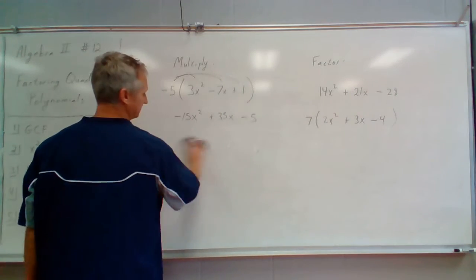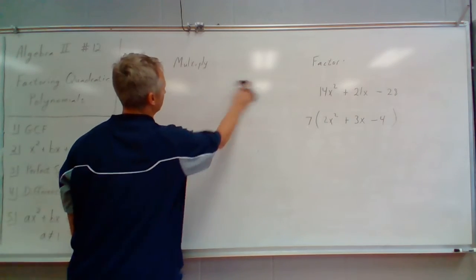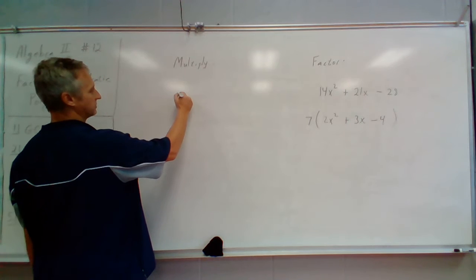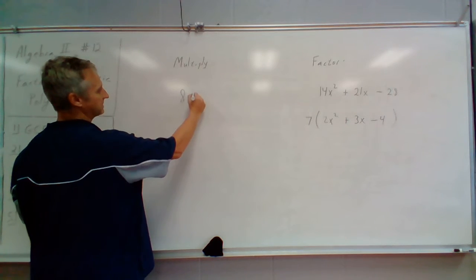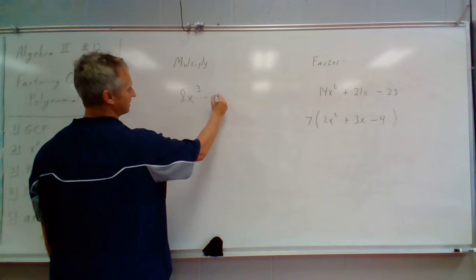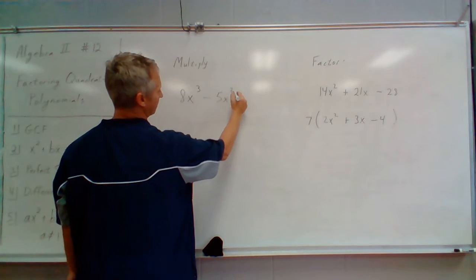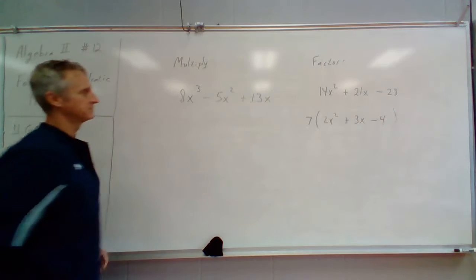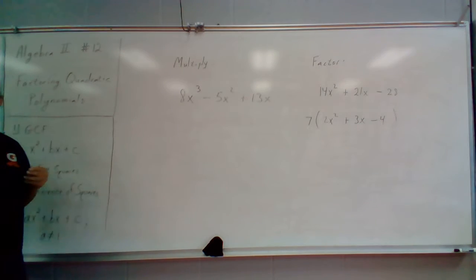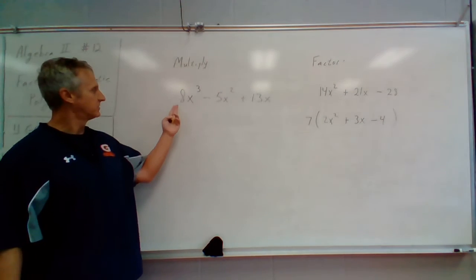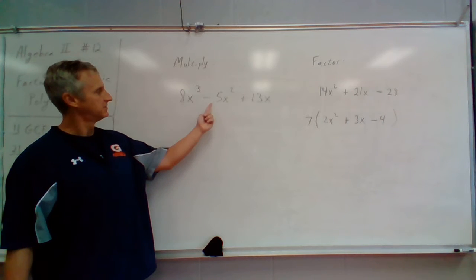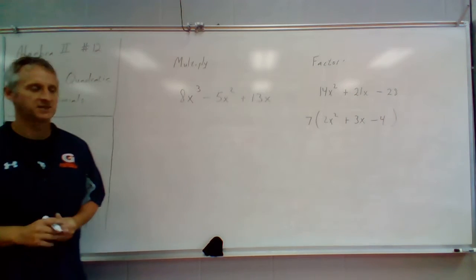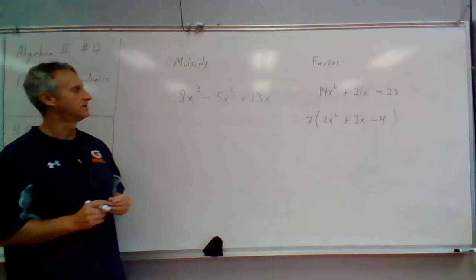Let's try a different one. Let's try this: 8x to the third minus 5x squared plus 13x. Let's see if we can find the greatest common factor. Is there a number that will go into 8, negative 5, and 13? Not really.